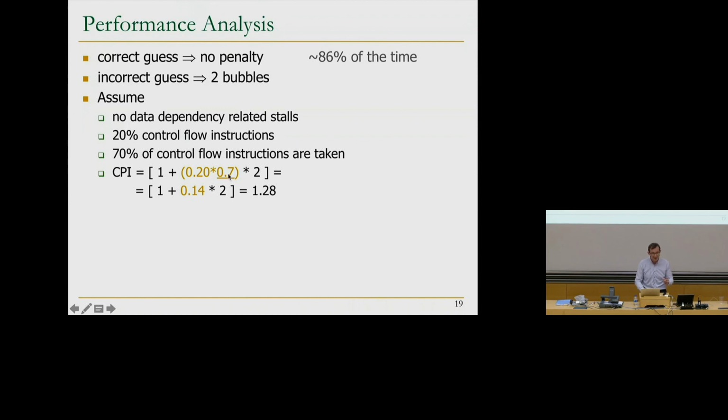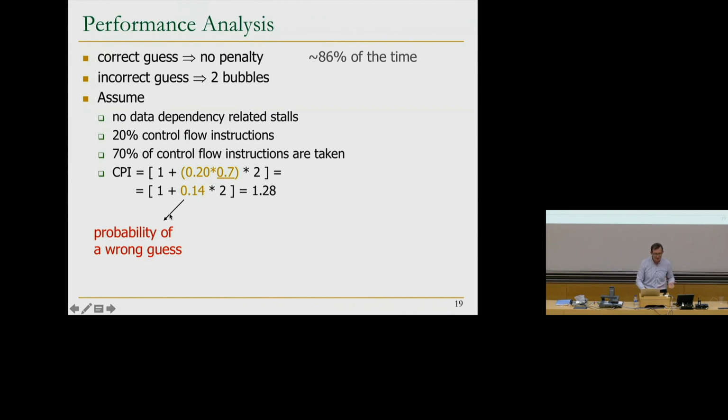So 70% of the time you're wrong, because we're assuming the next program counter is PC plus 4 when we do the prediction. So for 20% of the time, you do a prediction, and 70% of the time you're wrong, and when you're wrong, you pay a 2-cycle penalty. So essentially, 86% of the time you are correct, but 14% of the time you pay a 2-cycle penalty, and that increases your cycles per instruction to 1.28.